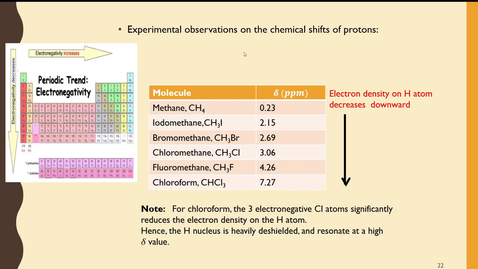If you have a trend, as you can see here, the electron density on the proton decreases downwards because, for example, chloroform has 3 electronegative chlorines. It reduces the electron density, and so that will deshield, and it will resonate at high chemical shift.